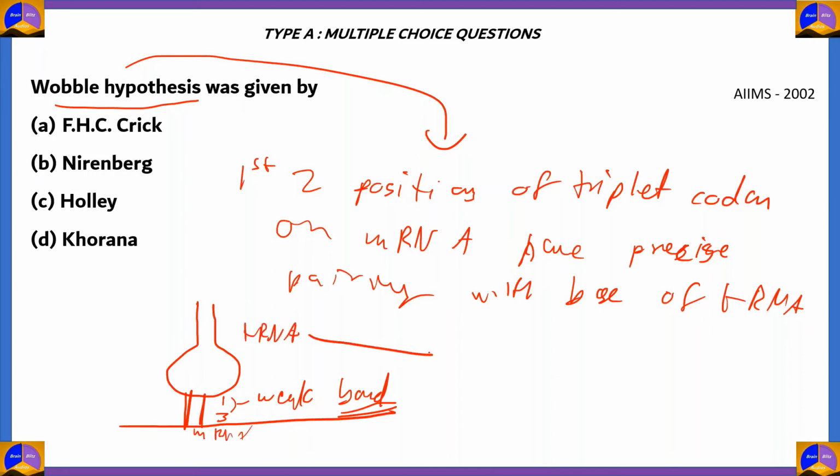The concept of tRNA, or in other words, soluble RNA, was given by FHC Crick. And therefore, FHC Crick also gave us the Wobble hypothesis, by which we could understand why there were many codons for one amino acid. So FHC Crick, option A, is the right option.